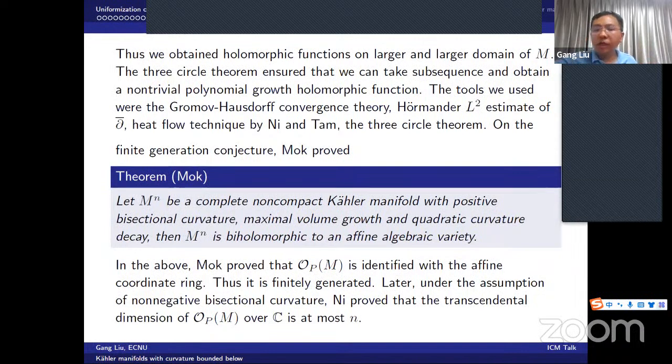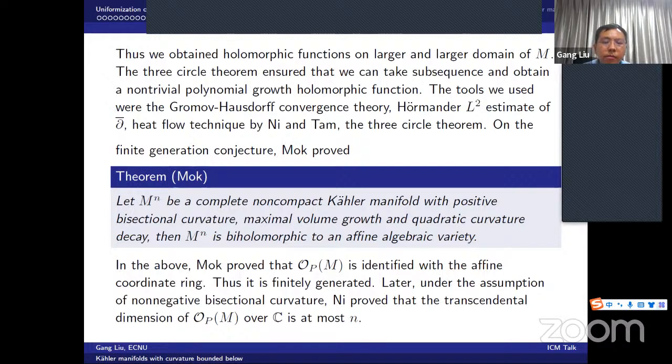Now we move to the finite generation. In the early 1980s, Mok proved the following. Assume M is a complete non-compact Kähler manifold with positive bisectional curvature, maximal volume growth, and quadratic curvature decay.